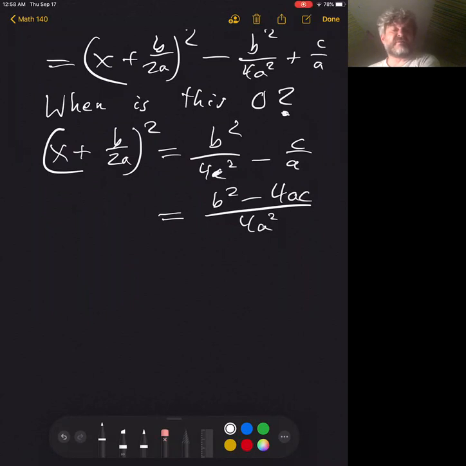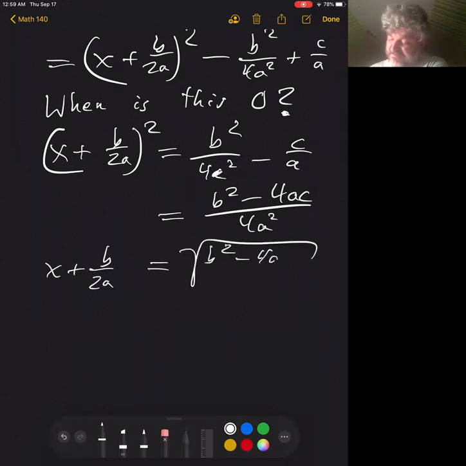And now I'm going to try to take square roots. x plus b over 2a is the square root here, equal to the square root of the whole thing, divided by 4a squared, the whole fraction.